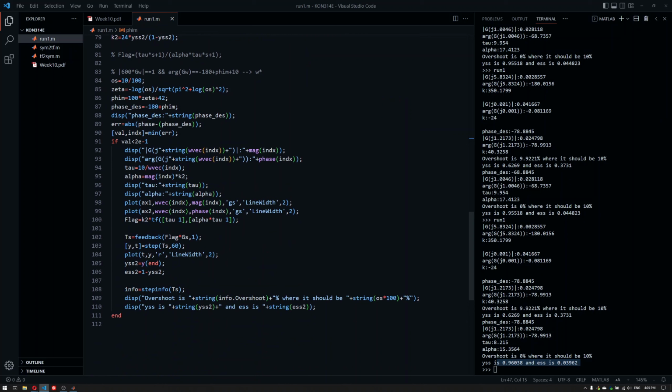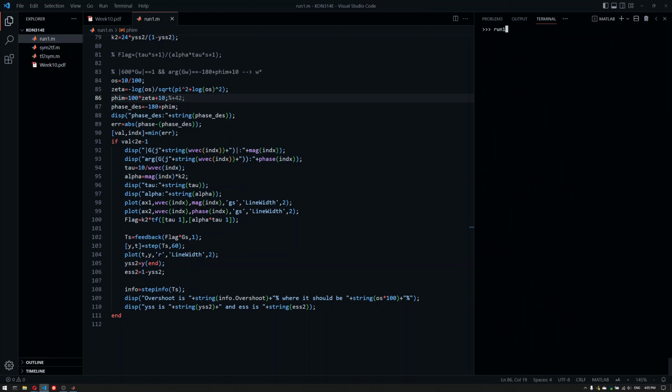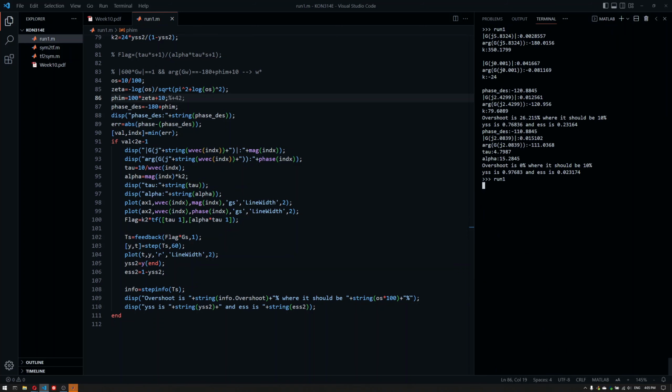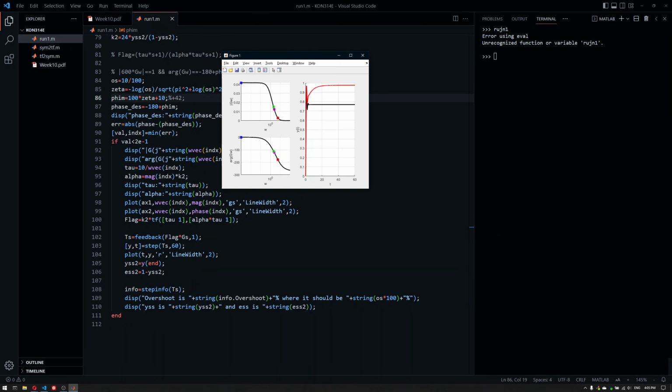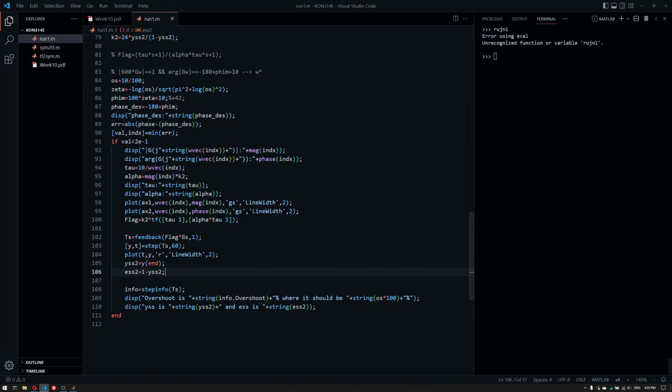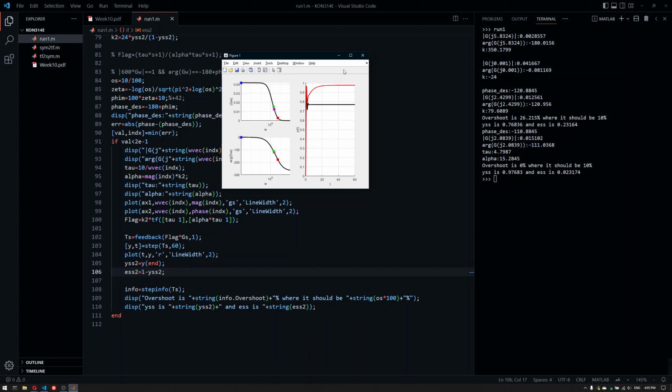I'm just sticking to the actual value. There we go. Let's see. There we go. It's a bit better in my opinion in terms of the solution here.